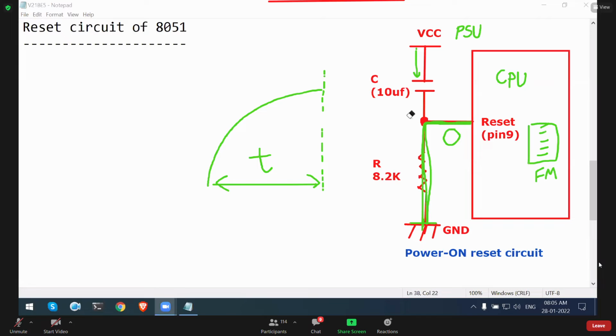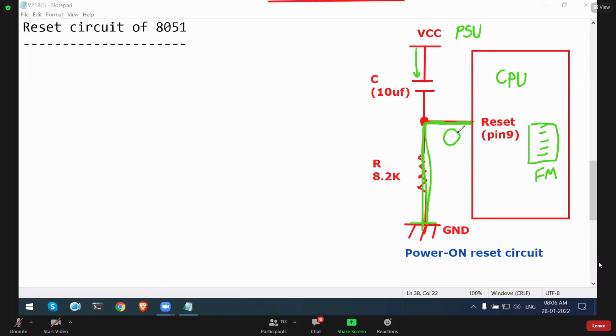Okay, so this is about power on reset. For power on reset, you have to power off and power on the microcontroller to reset it. As soon as you power on the board, the microcontroller will reset. Most hardware designers follow this power on reset concept.